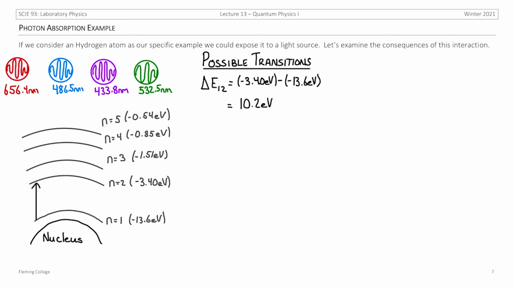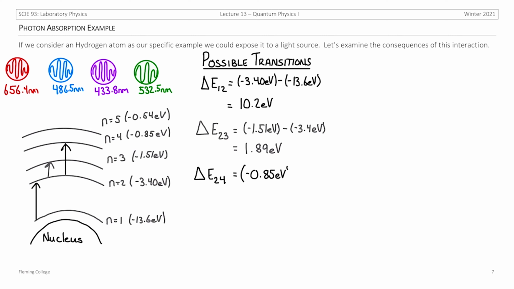And we could look at a transition from the second level to the third level, and we can calculate the requirement there as 1.89 electron volts. And a third possible transition is that an electron could jump from the second level, skipping the third level, and arrive at the fourth, and that would require 2.55 electron volts of energy.